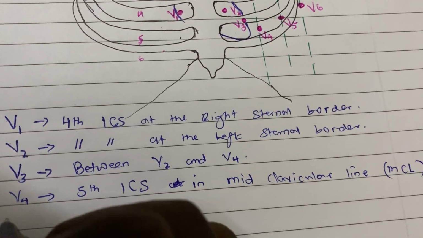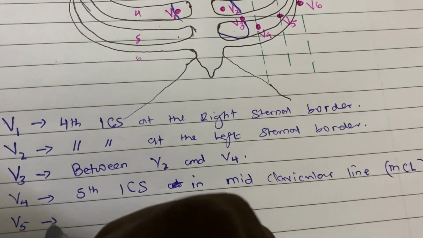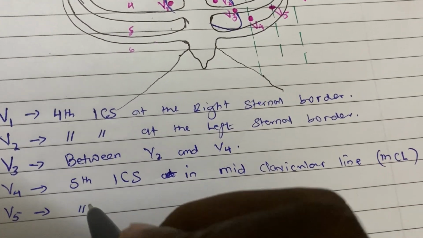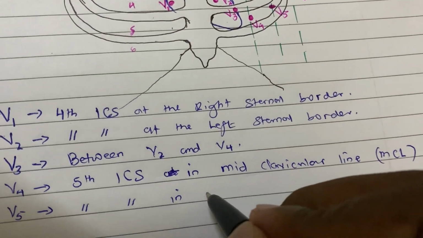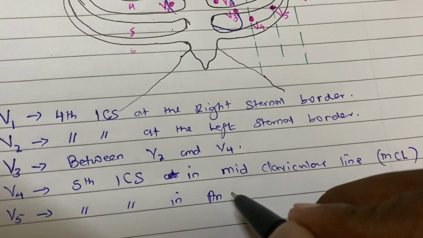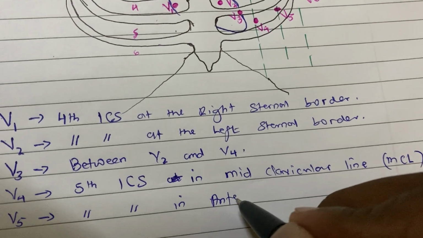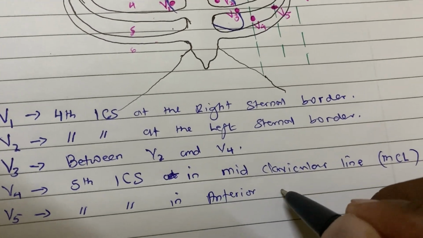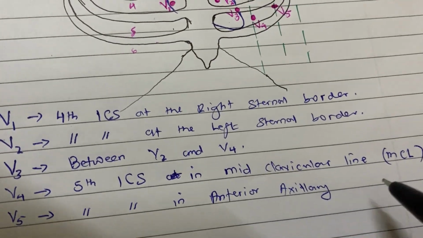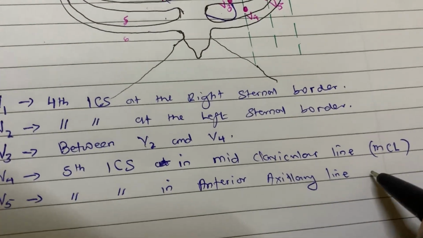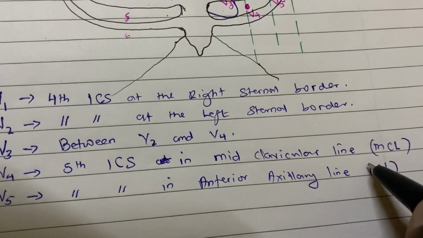And then V5 is placed in the 5th intercostal space at the anterior axillary line.